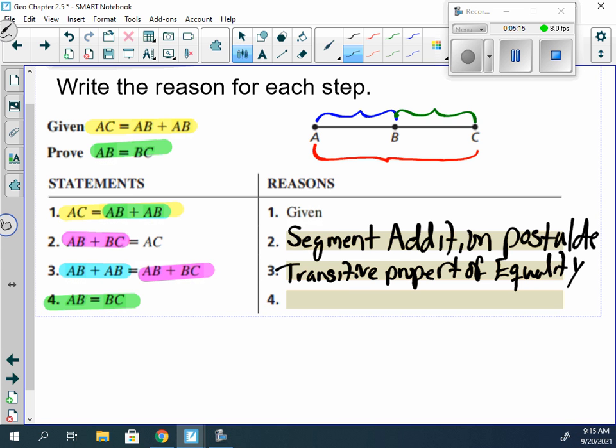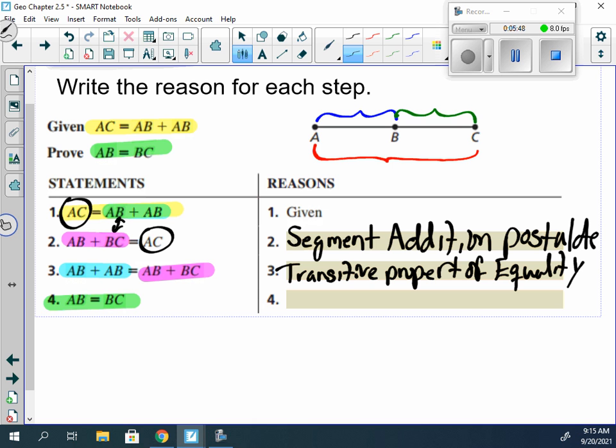Because really we're saying that AC is equal to AB plus AB, and AB plus BC is equal to AC. Since these are the same, these two must be equal.